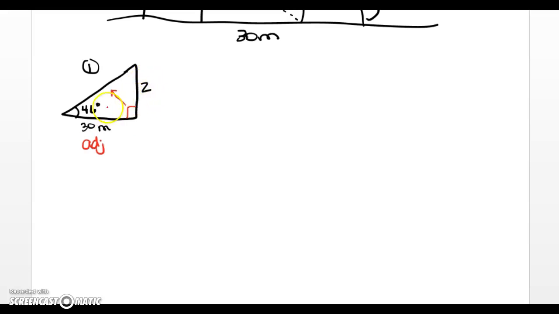Then our other side here is across from your angle, which makes it your opposite. So here we have opposite and adjacent. When trying to figure out which ratio to use, we can look at using SOH CAH TOA. Here we have O and A. Going through each of those ratios, you will see that tan of theta, or the tangent ratio, would allow you to find that opposite value.